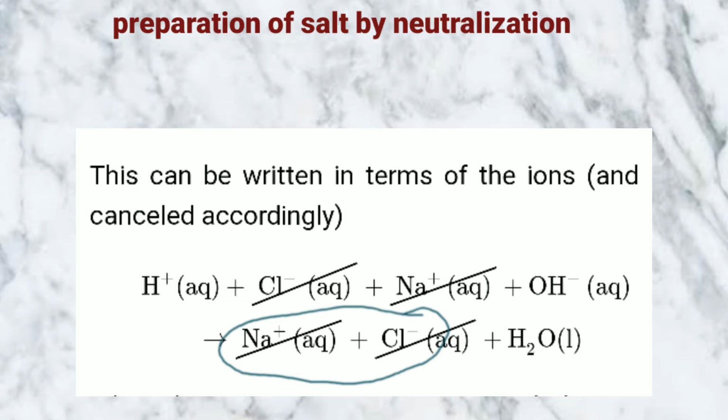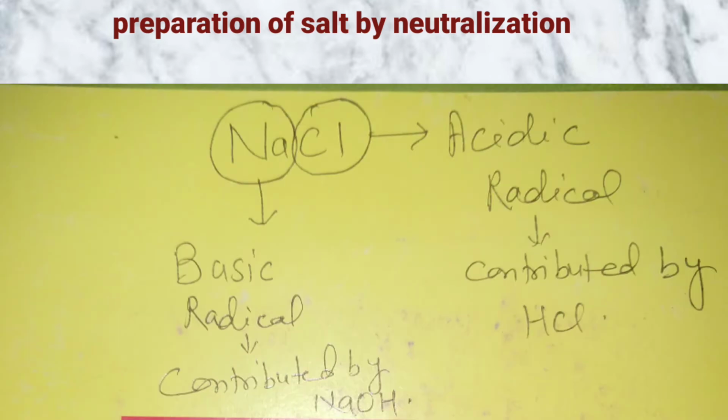So in this way, by exchanging the radicals, salt is formed. In sodium chloride, sodium is the basic radical which is contributed by the base, and chloride is the acidic radical which is contributed by the acid. Got it?